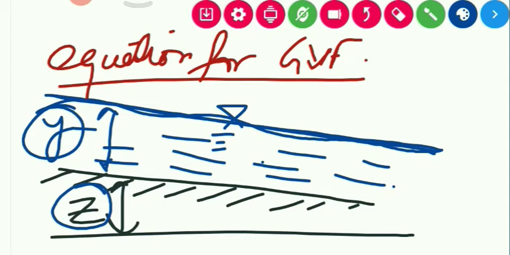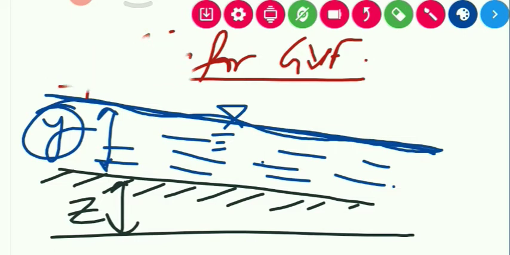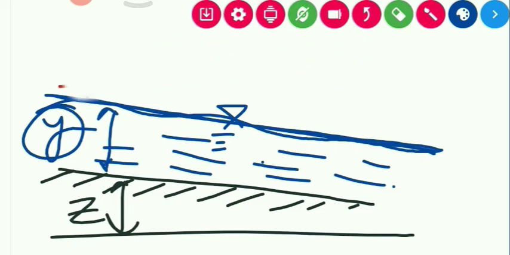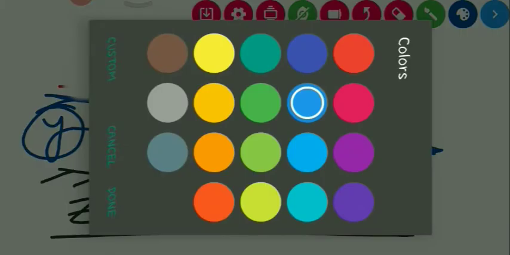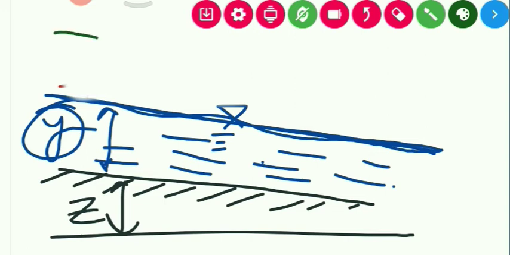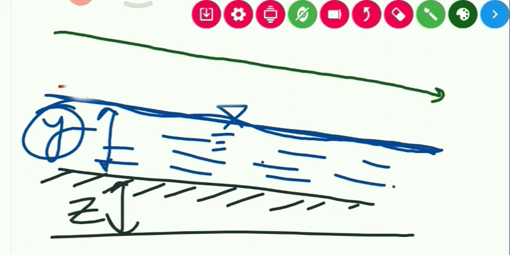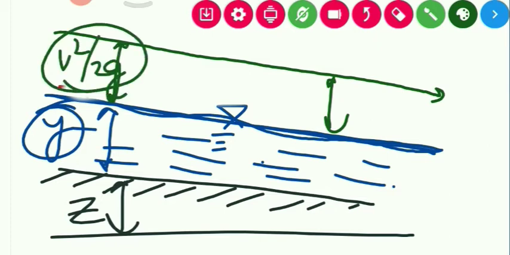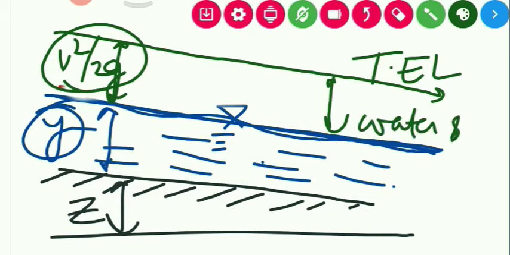And the total energy line is over here, and this value will be equal to v square upon 2g. Okay, so this is total energy line. Okay, this is water surface, and this one is bed slope.